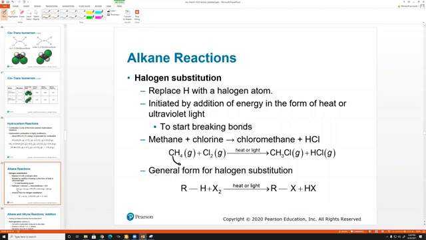When you heat up chlorine, you're breaking bonds, so the chlorine bond will break. Then the electrophile, meaning the C in CH4, will drop a hydrogen in order to take the chlorine, and you end up with CH3Cl. So that's alkane halogen substitution.